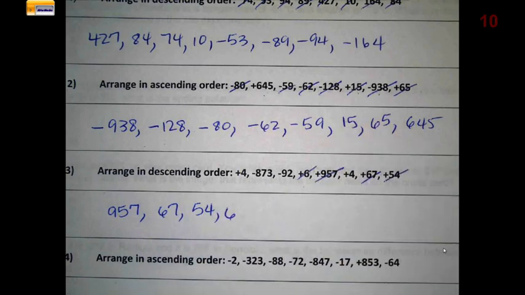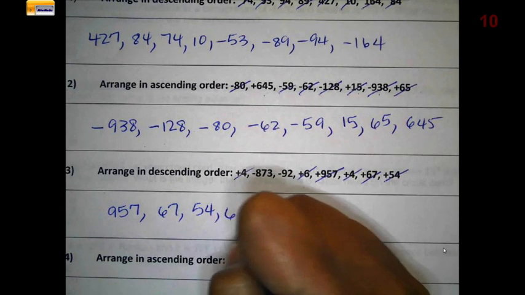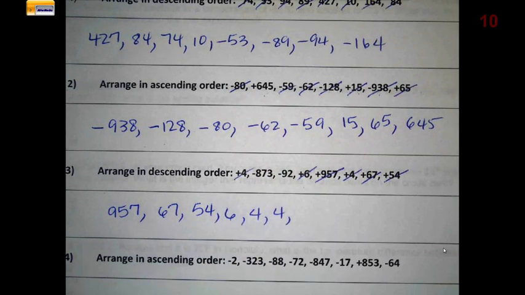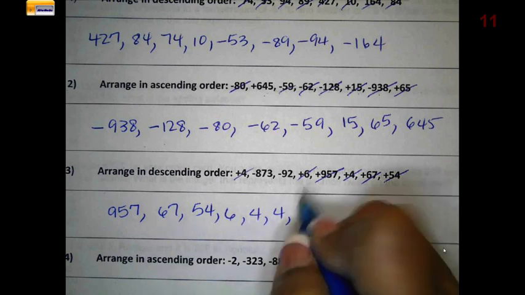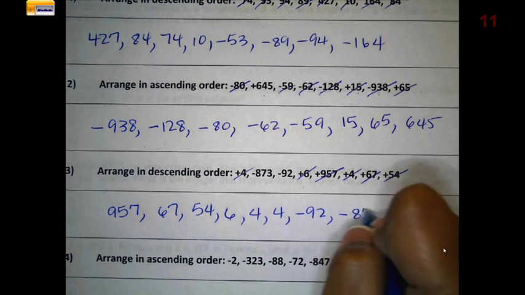Then what? 4. There's 2 4s, right? And then what? Then negative 92 is larger than negative 873.